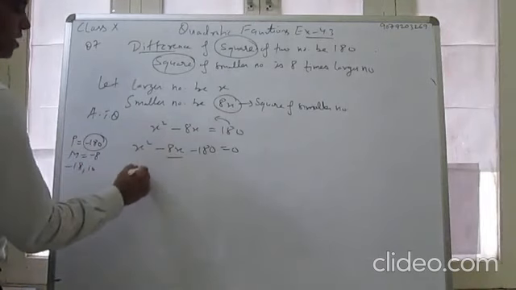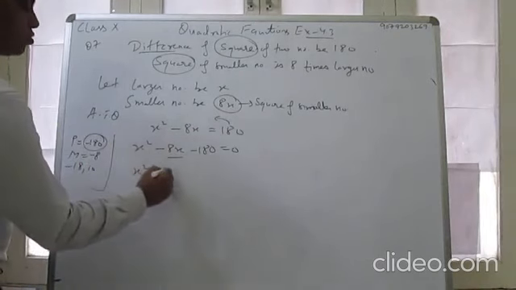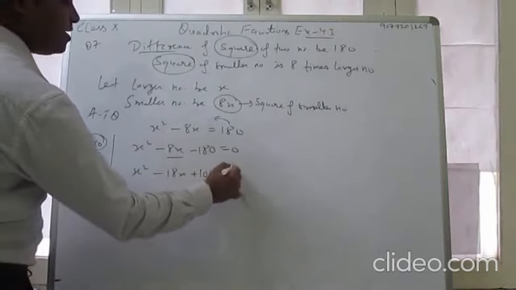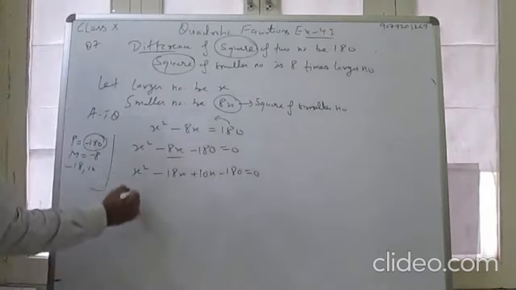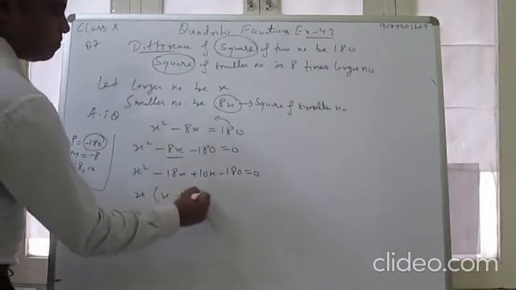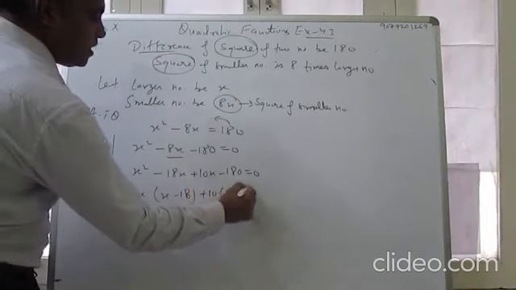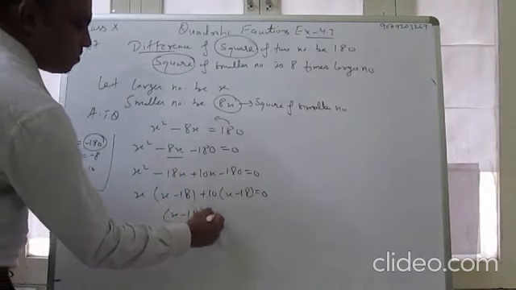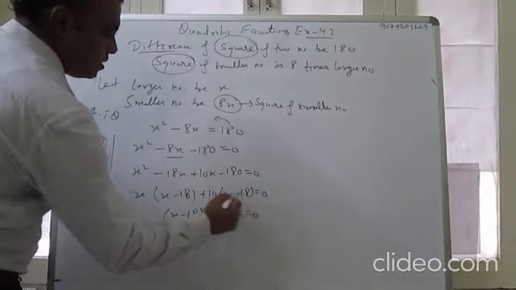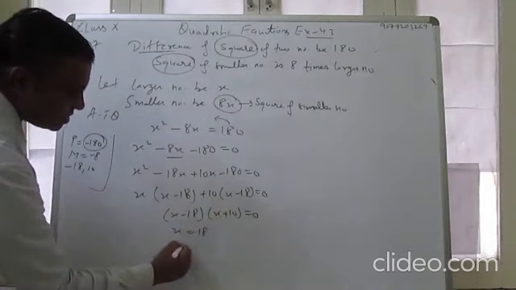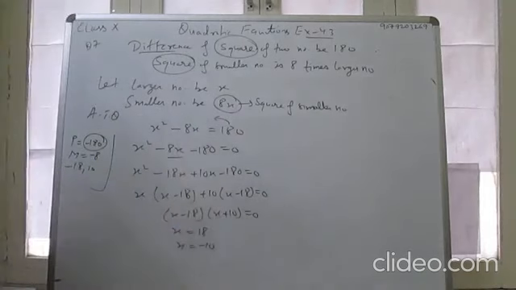Instead of this you can write x square minus 18x plus 10x minus 180 is equal to 0. Take x common: x minus 18 plus 10 common, x minus 18 is equal to 0. Again x minus 18 is common, x plus 10. So x is equal to 18 and x is equal to minus 10.